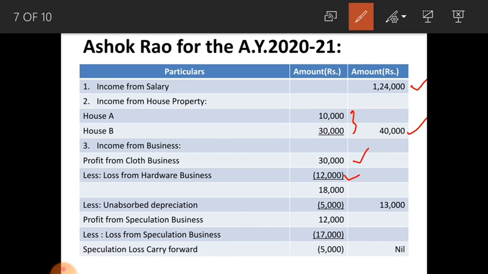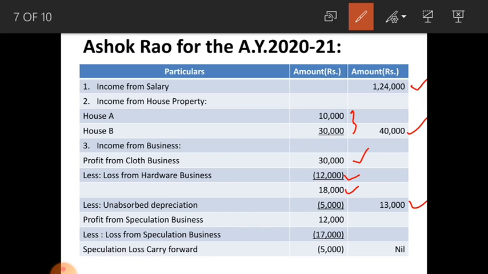There is one more loss that is brought forwarded to this year, that is unabsorbed depreciation, amounts to rupees 5,000, and you can set off this loss against the remaining profit 18,000. When you set off this loss, the remaining profit is 13,000, and you can write it in the outer column because there is no other losses.